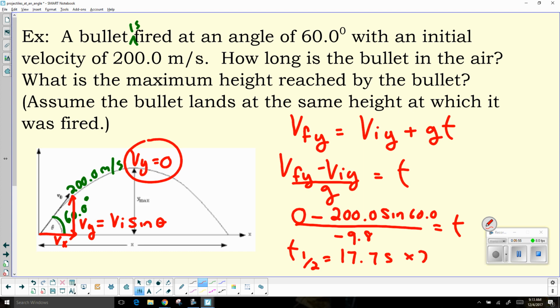I have to double that because I just found the time to right here. So doubling this, I will end up with 35.3 seconds. So that's the first part of this problem, to find how long it took for the projectile to travel the whole path. I figured out how long it took for it to go halfway, and then I doubled it.